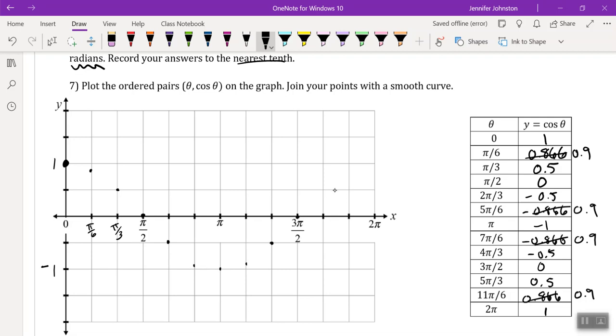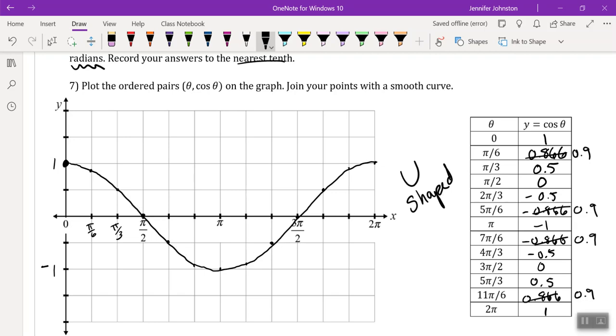Well, hopefully, let's see. Here we go. What letter does this look like? If you said a U, yeah, it looks U-shaped. It's still similar to the sine function, right?